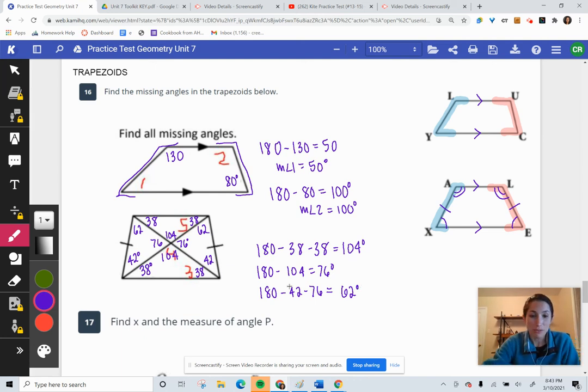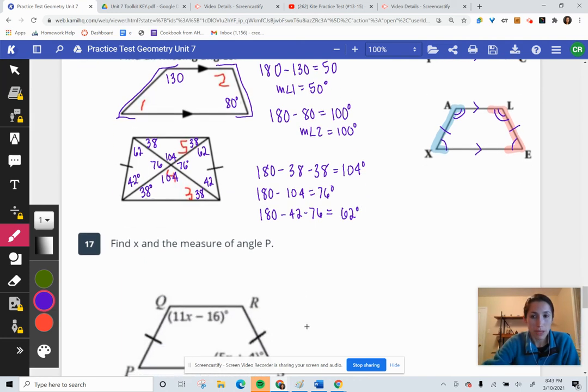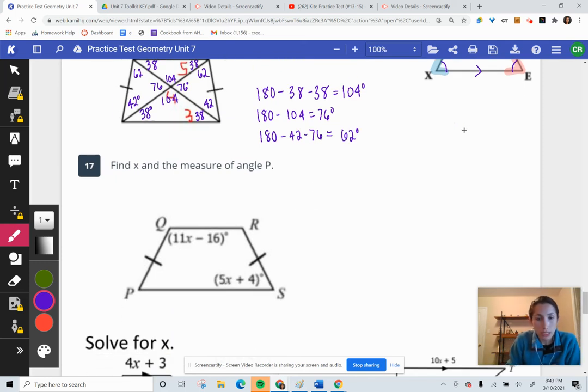All right, now for the last one here, we're going to be using our isosceles trapezoid properties. Now, I know angle Q and angle R are congruent. So even though this angle 11x plus 8 or minus 16 is labeled for angle Q, it would be the same for angle R. And we know that these two angles here add up to 180.